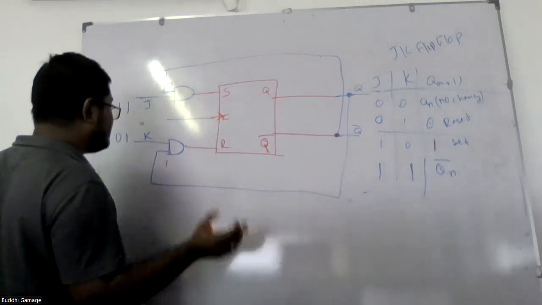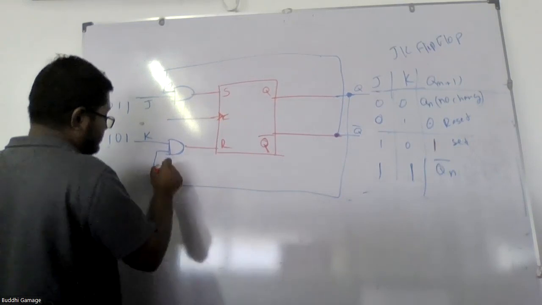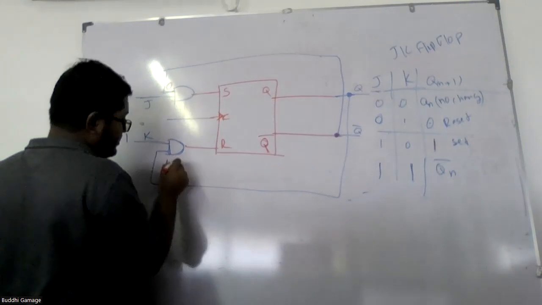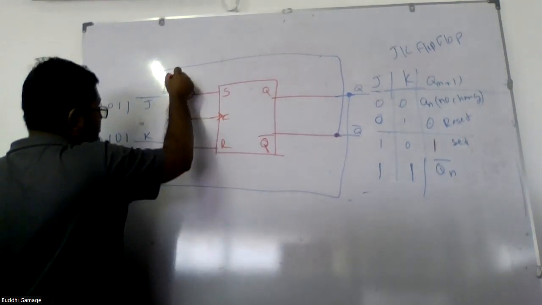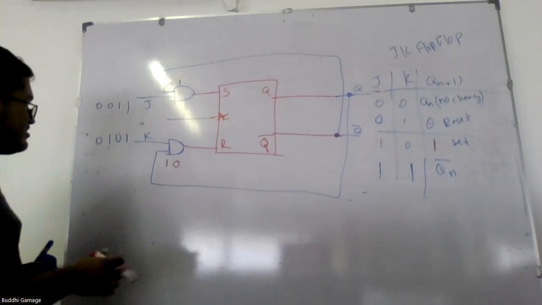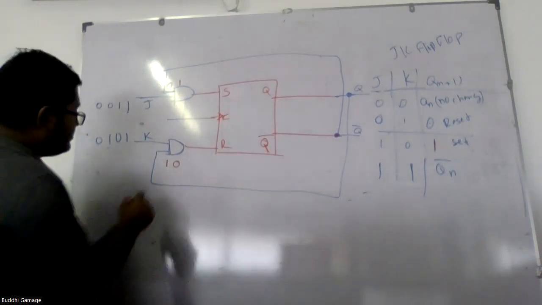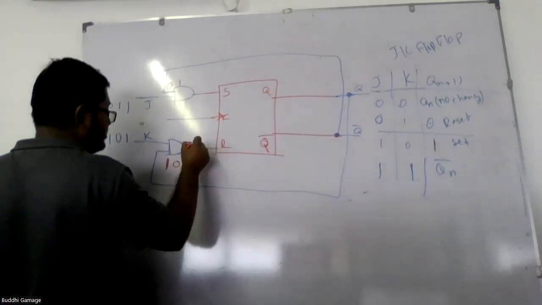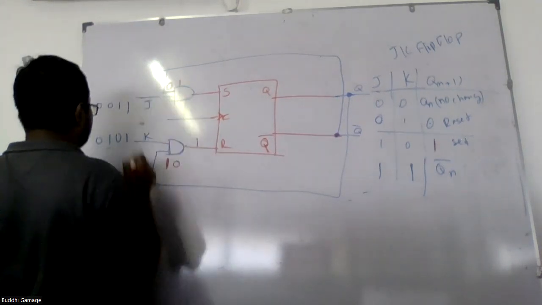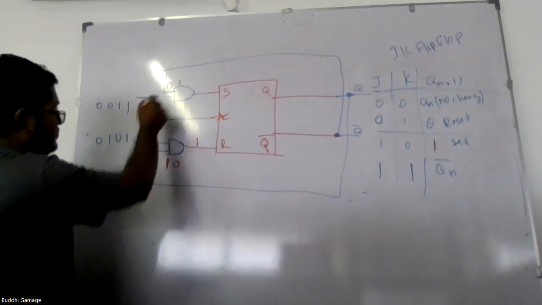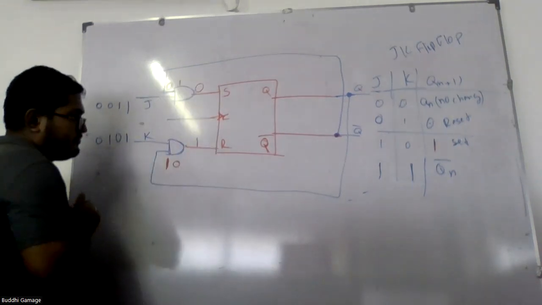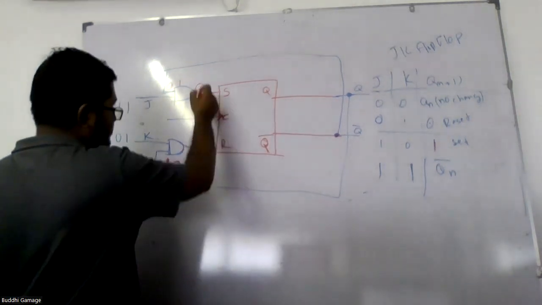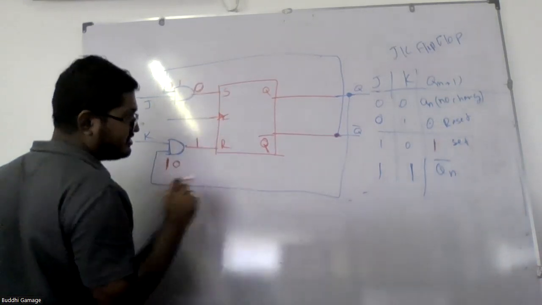So you need to consider the previous state should be a valid state. So that means if this is 1, then this is 0, and if this is 0, then this should be 1. So this is the previous state. That means Q bar. Right? Consider this one. So only here it is going to 1. And for this one, what will happen? 0 and 1 will be 0, right? So what should be the output? 0 and 1 is the reset state, right?